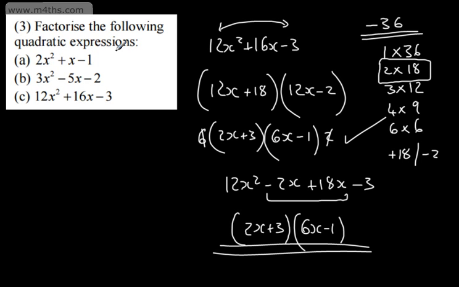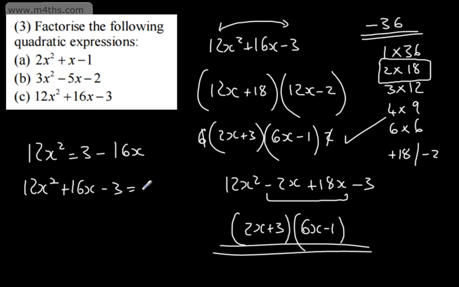Okay, so these are expressions. Again, they're not equations. So for example, if we were asked to solve 12x squared is equal to 3 minus 16x, then I'd add the 16x and subtract the 3. So we'd have 12x squared plus 16x minus 3 is equal to 0. I would go ahead and factor it.